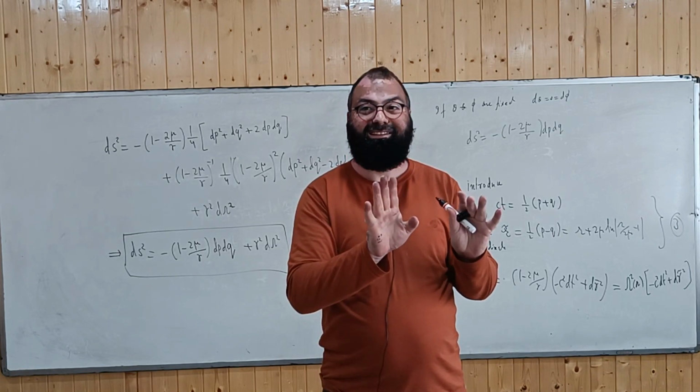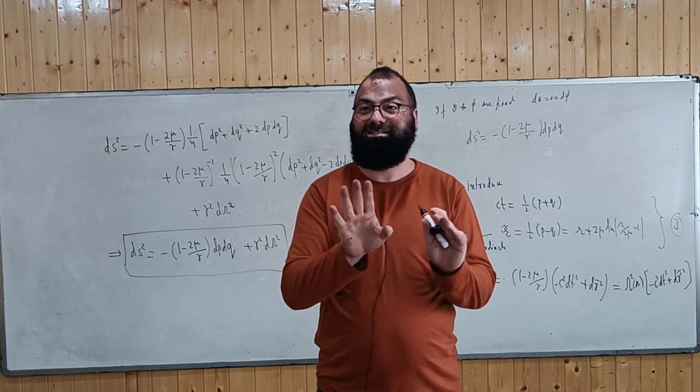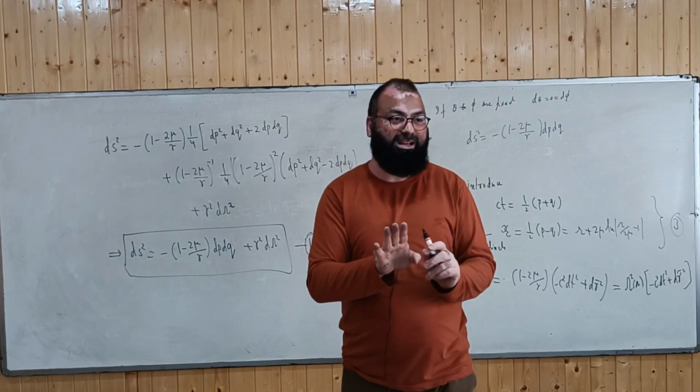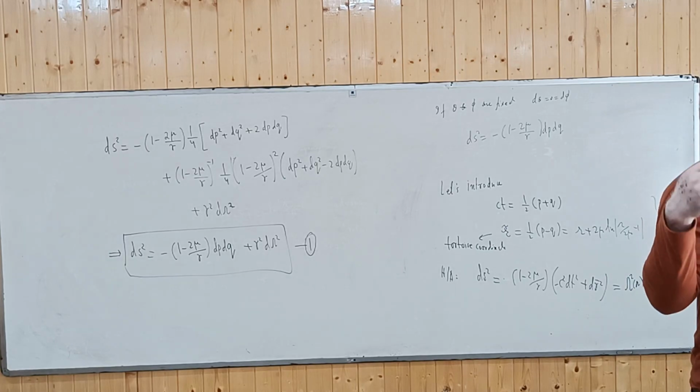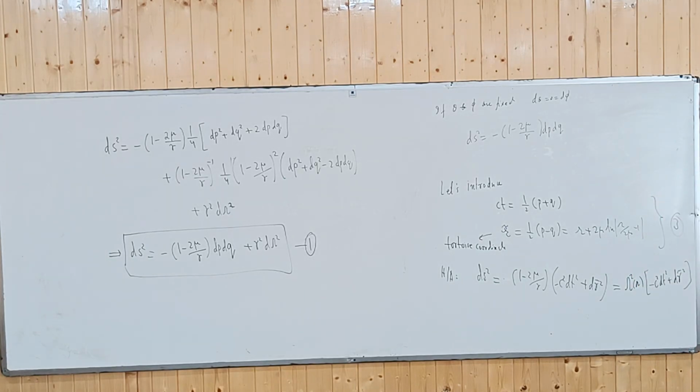So why is this known as the tortoise coordinate system? You can think of a tortoise. Look at this. Your hand back is curved, so where is it projected? Look at the bottom of the tortoise shell. Where is it projected?